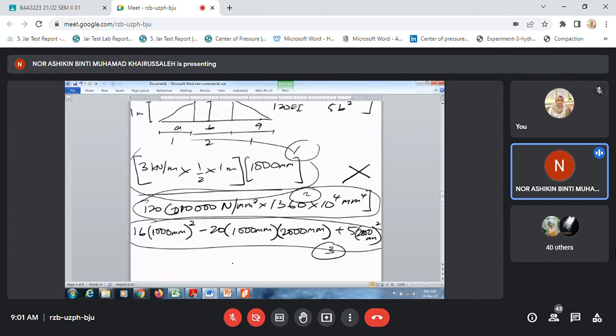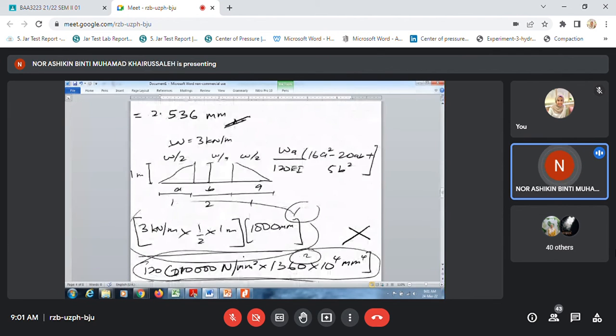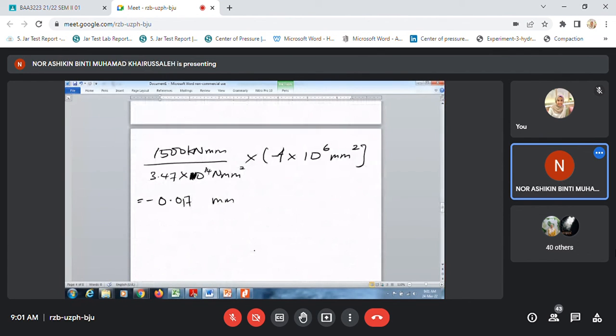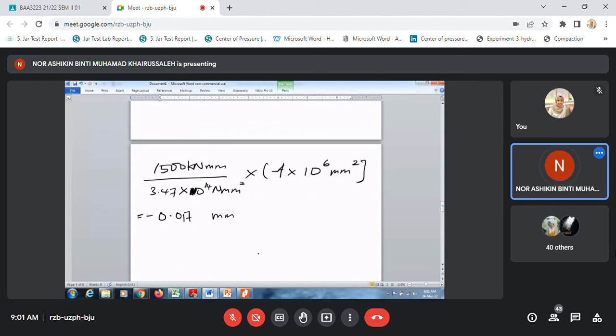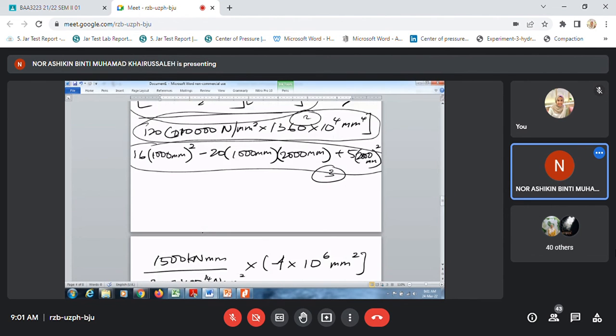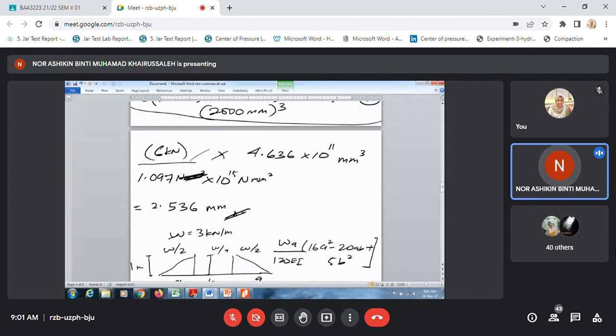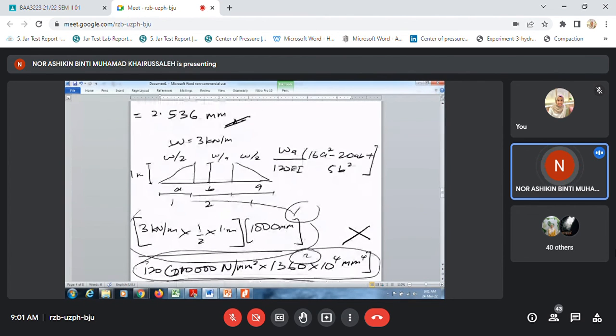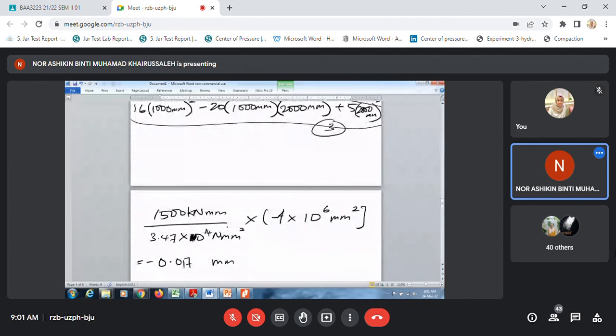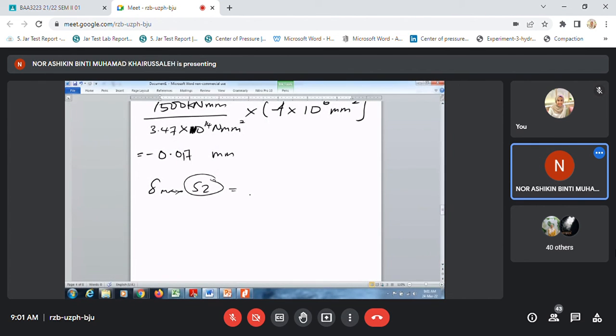Okay, so the maximum deflection from the slab 2 is how much? 2.536 minus with the 0.017.